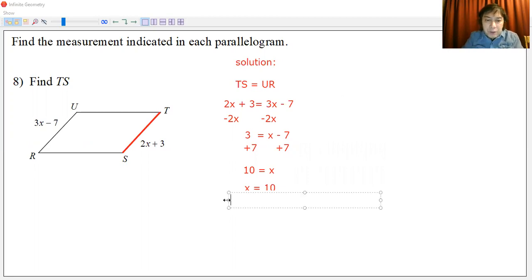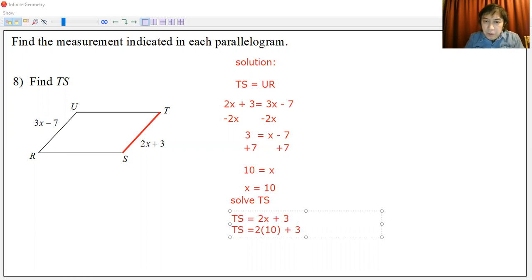Compute now for TS. Solve TS. Okay, so TS is equal to the expression 2x plus 3. So by direct substitution, this will be 2 times 10 plus 3.